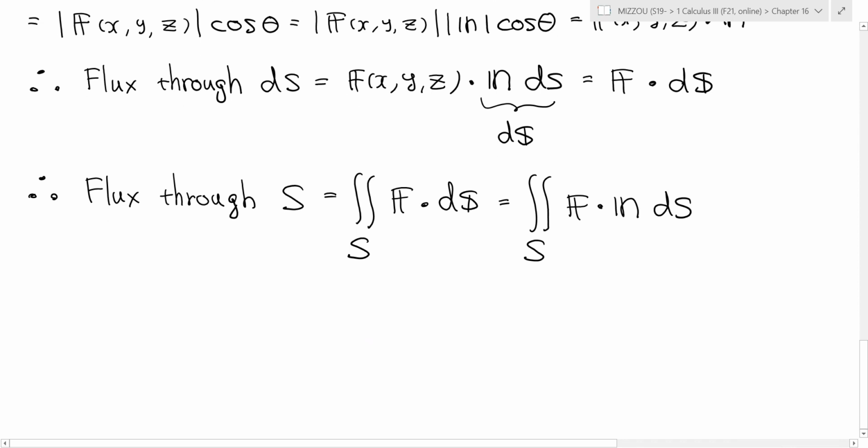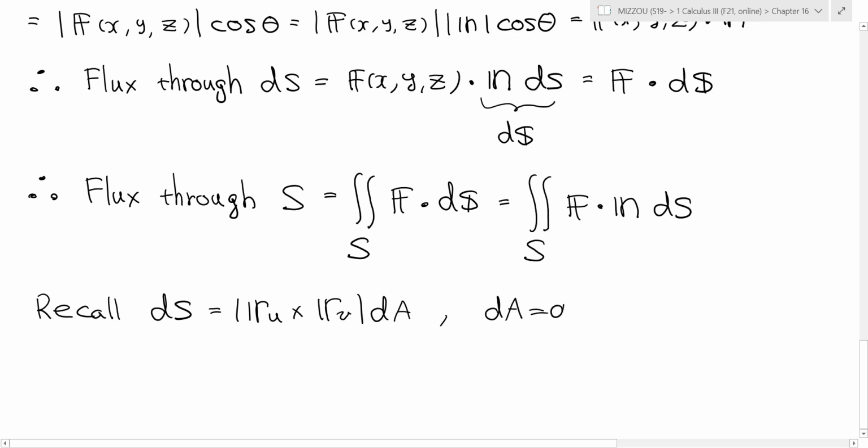So here, let's recall, we have already seen this. Let's recall the area of this small patch was written as this quantity, du dv. Well, maybe I should say dA, where dA is du dv.